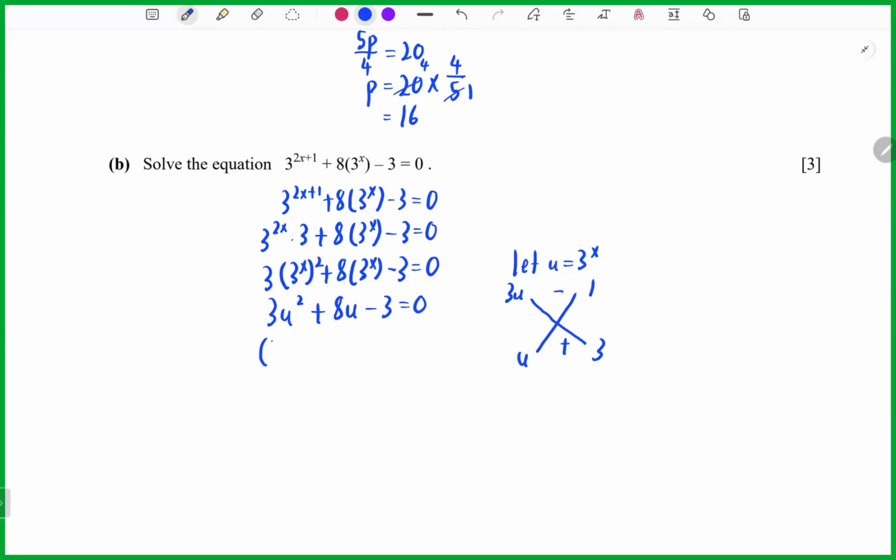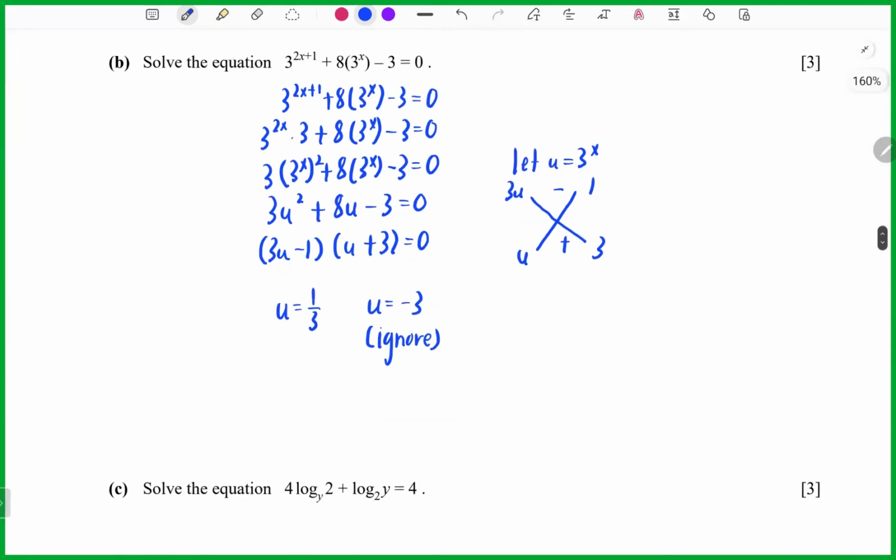So you will get 3u minus 1, u plus 3 equals 0. So u equals 1 over 3, u equals negative 3. So this is rejected. We take 3 to the x equals 3 to the negative 1. So we can take x equals negative 1.